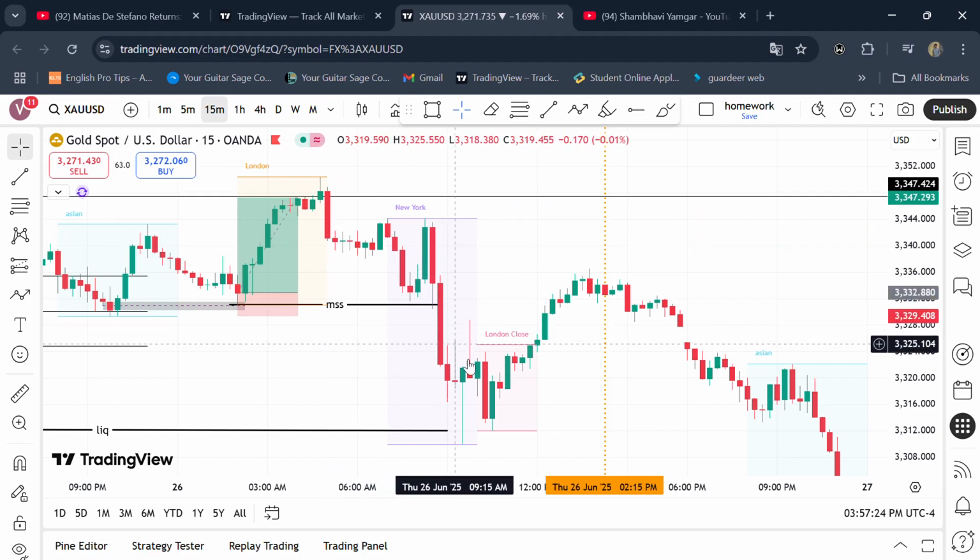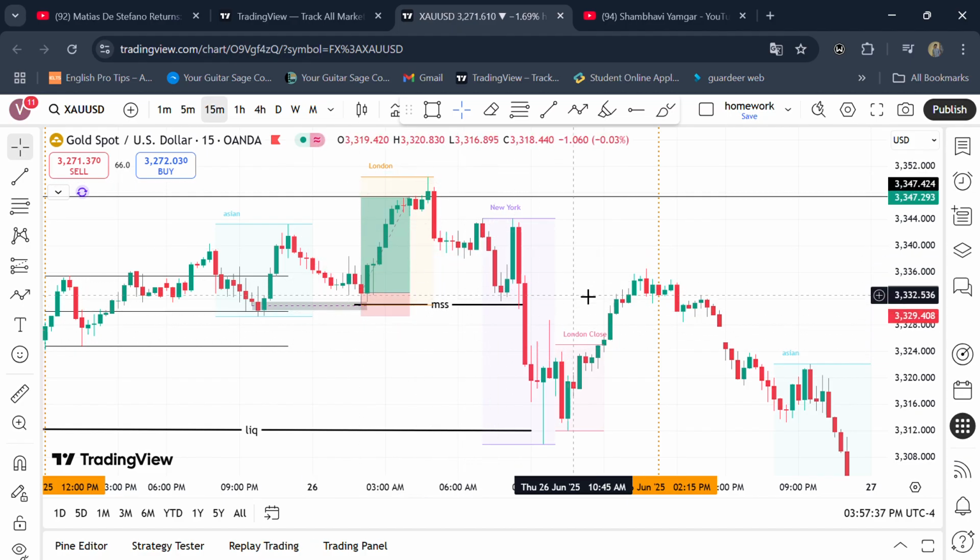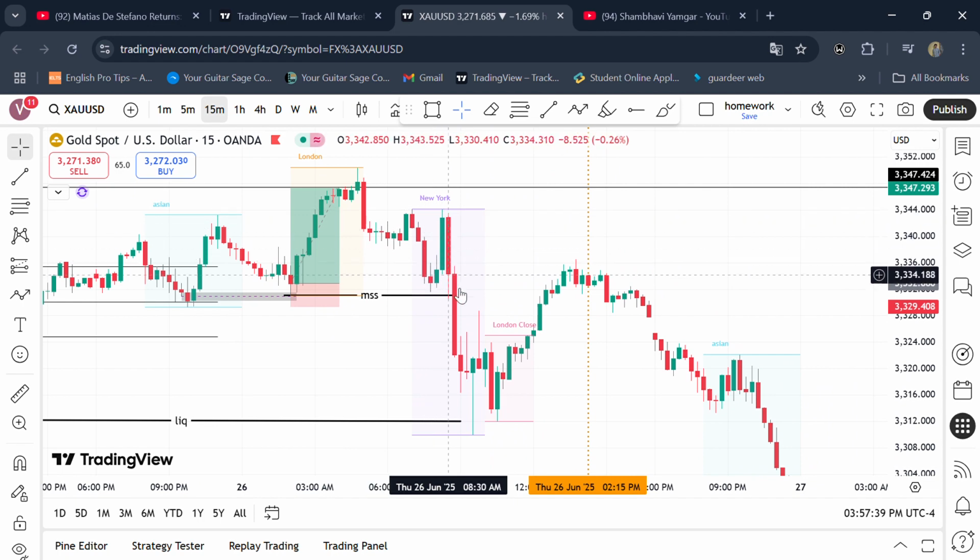While it does all of that, now we are sure that price has made a market structure shift and now we know for sure that price wants to go down. There's also one interesting thing that you'll notice here. While it created this leg, it also created an FVG, an order block, in that same leg.